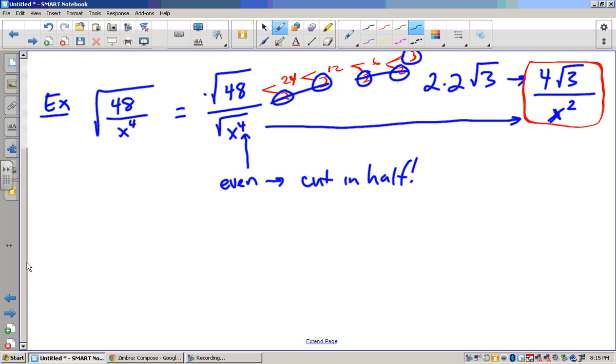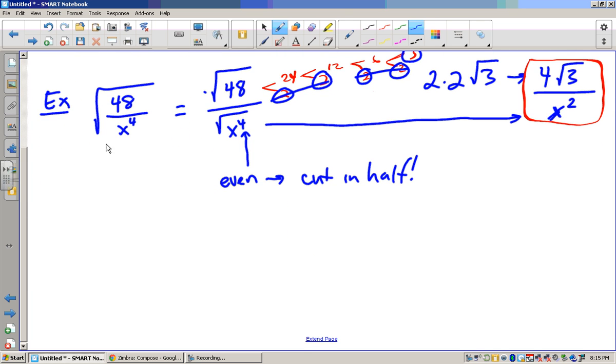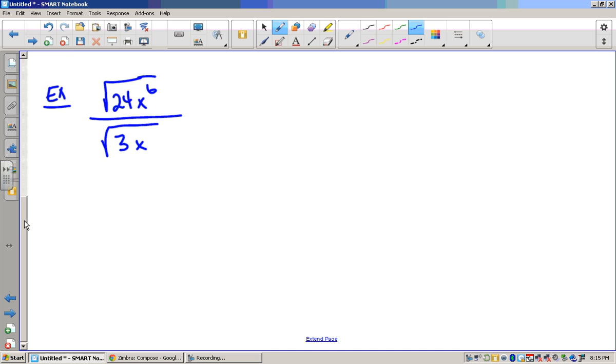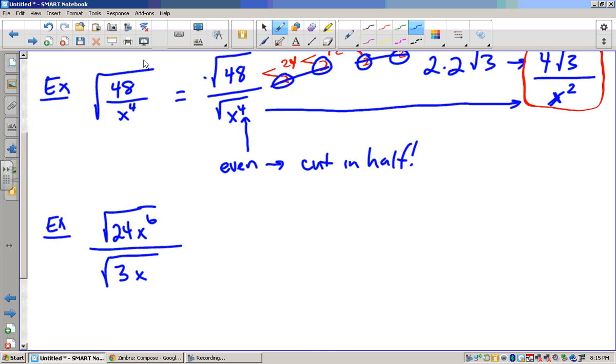Well, now what happens if I can simplify here a little bit? Well, let's look at that now. Okay, let's take, for example, the square root of 24x to the 6th power over the square root of 3x. Now, how this is a little different from what we just had above, here I started with a square root of the entire fraction, and I moved to two different square roots.